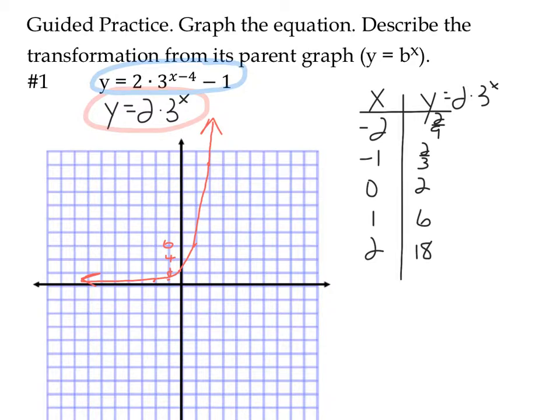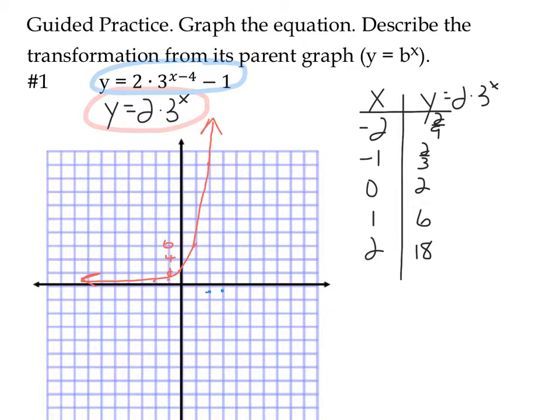All right, so I'm going to graph that point over 4 and down 1, and I'll have a point right there. Next point, I'm going to shift over 4 and down 1, be right around there. And then I'm going to take this point, I'm going to shift it to the right 1, 2, 3, 4, and down 1. It's at 2, so it's going to come right in here, right, to 1 now.